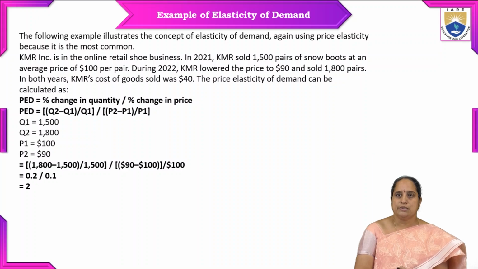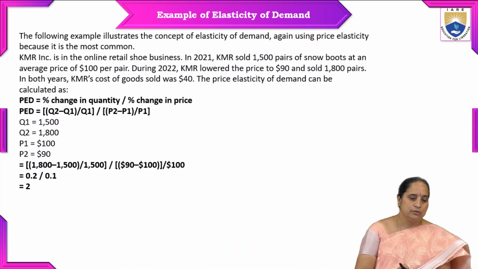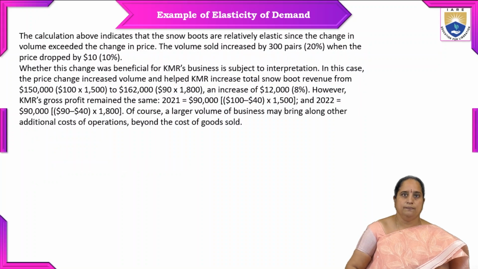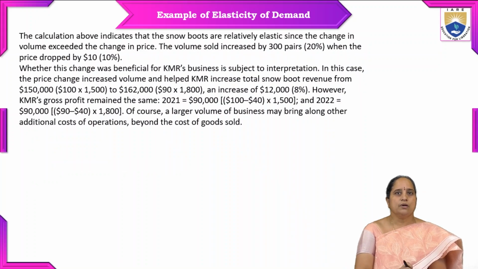The price elasticity of demand can be calculated as PED equals percentage change in quantity divided by percentage change in price. So its price elasticity of demand is 2. The calculation above indicates that the snow boots are relatively elastic, since the change in volume exceeds the change in price.